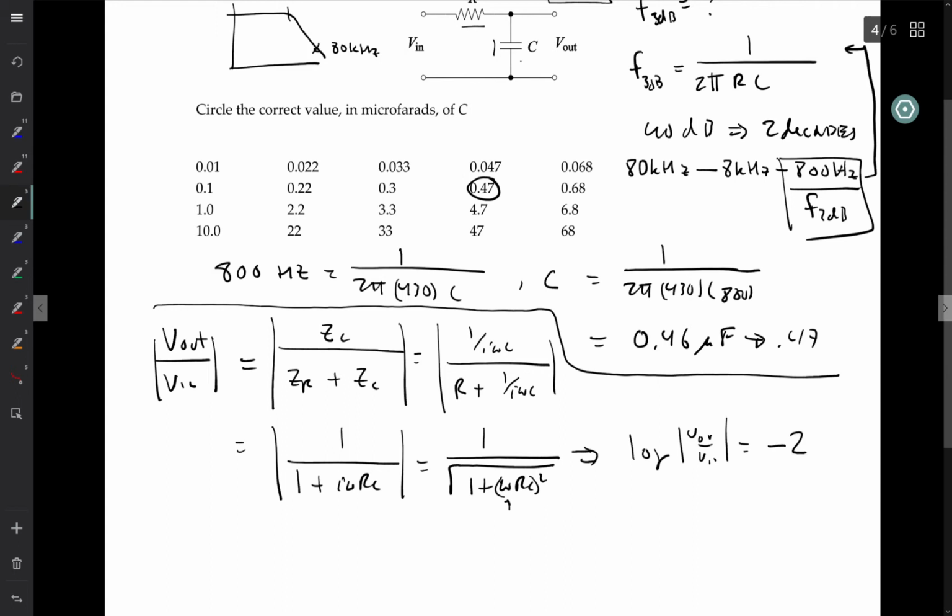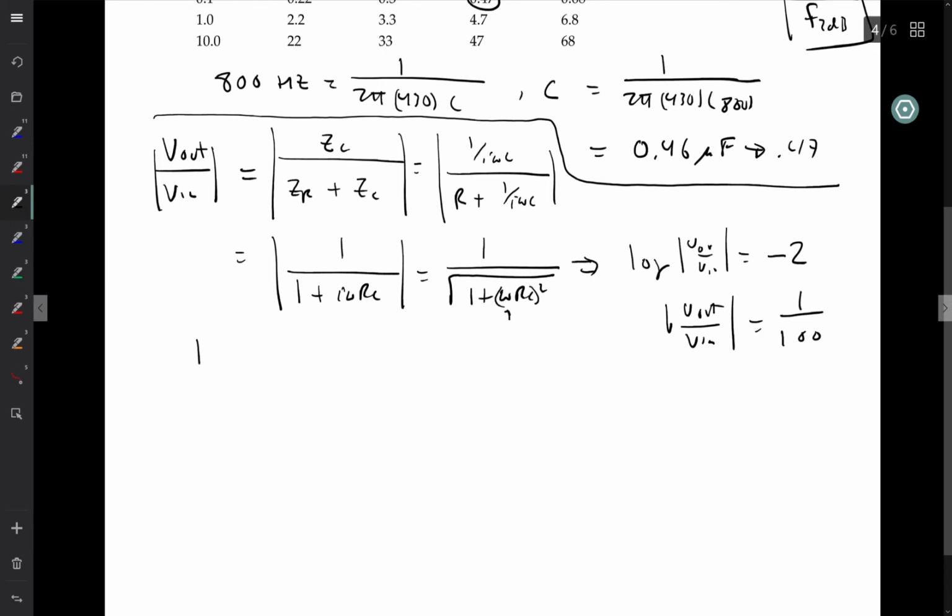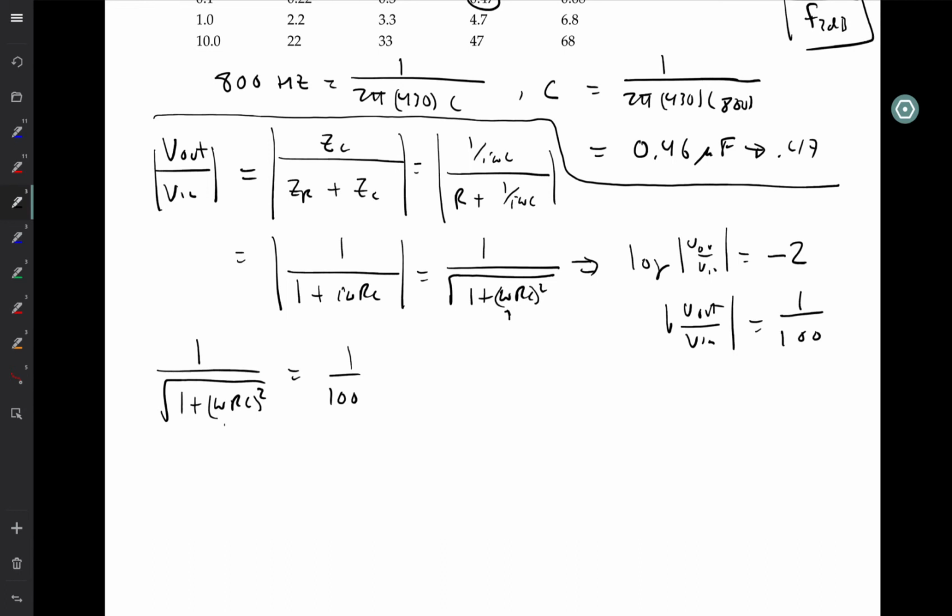So that means that V out over V in is equal to 1 over 100. So I set these two equal to each other, and I can now solve for omega RC. I plug in the values of omega, I plug in the values of R, and that would give me a value of C.